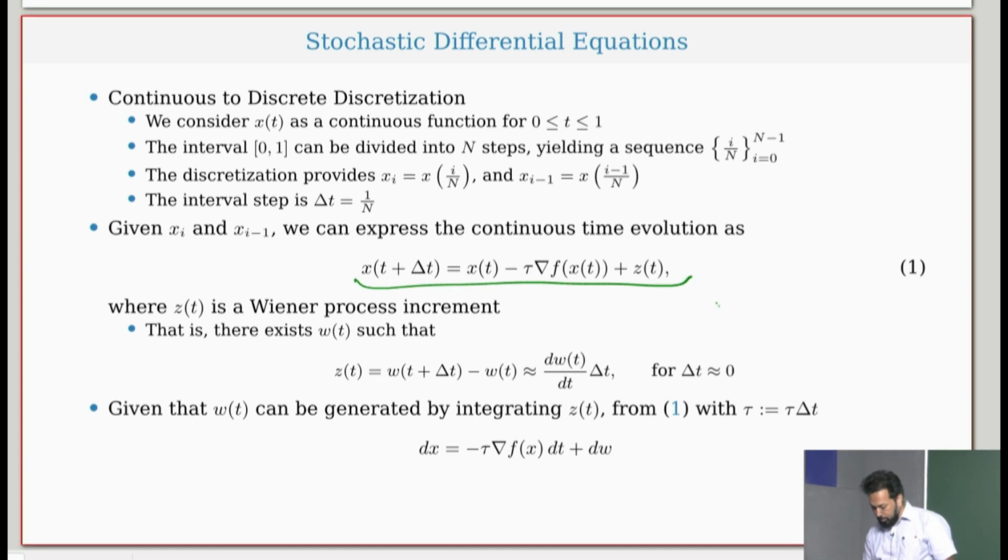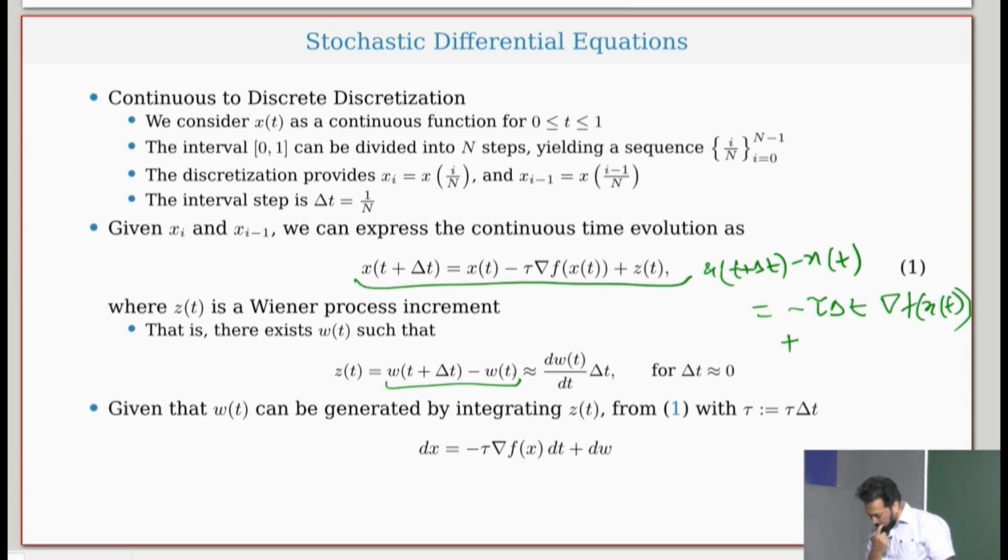So let me do this very quickly. From here we have xt plus delta t minus xt, and I took the minus delta t, and then let me do one step. So minus tau, with a little bit of abuse of notation, I can write this as tau delta t grad f xt, and plus Zt.